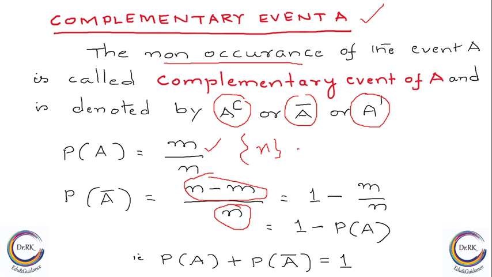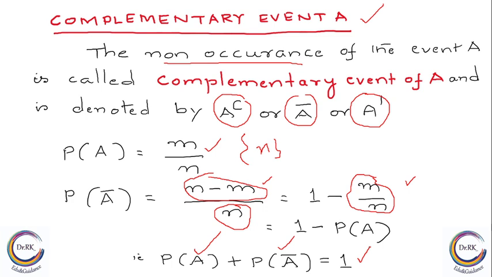In the same sense, here it is N minus M by N. Now we can write this as N by N minus M by N, which is 1 minus M by N. If you observe the basic definition, this is nothing but P of A. So P of A complement is 1 minus P of A. That means P of event A plus P of its complement, summing together, is 1. That is, the total probability is 1.